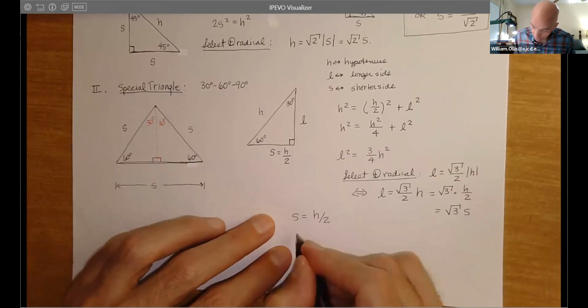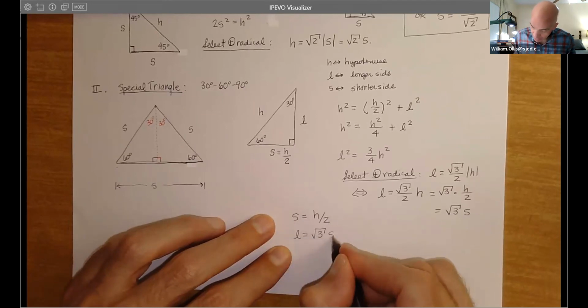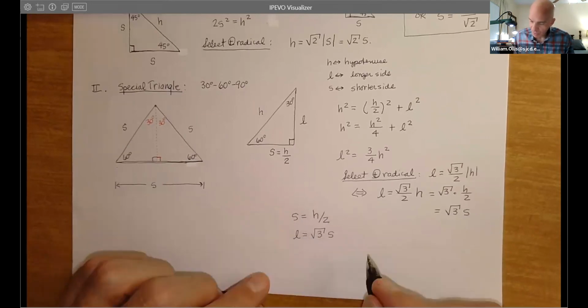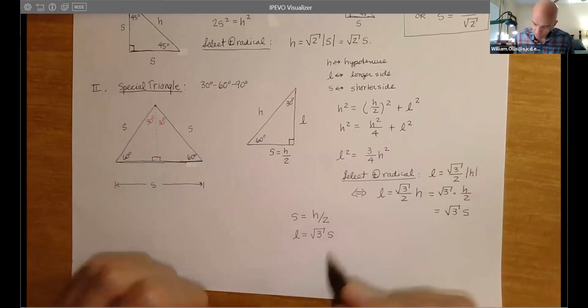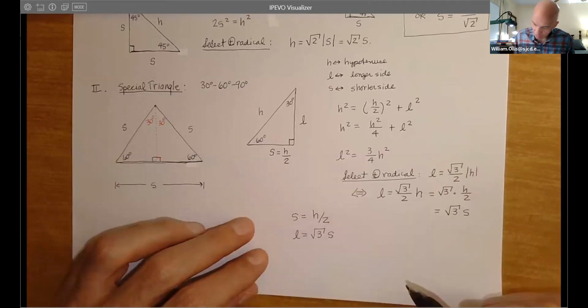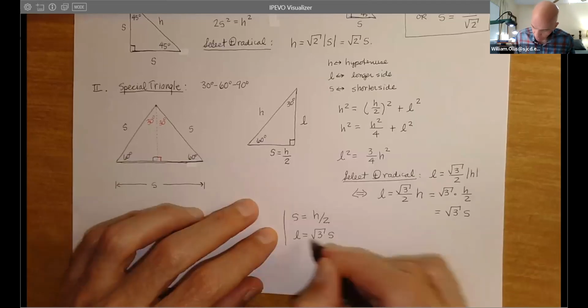The longer side is the square root of 3 times S, and that's really all we need. We can do the other, but it's kind of built in. So yeah, we got everything we need here. So you can make the substitution here. So that's good. There we go.